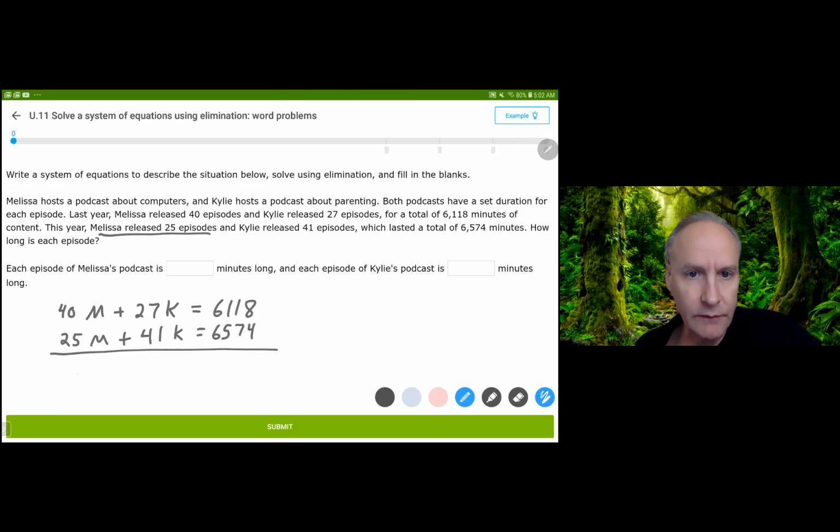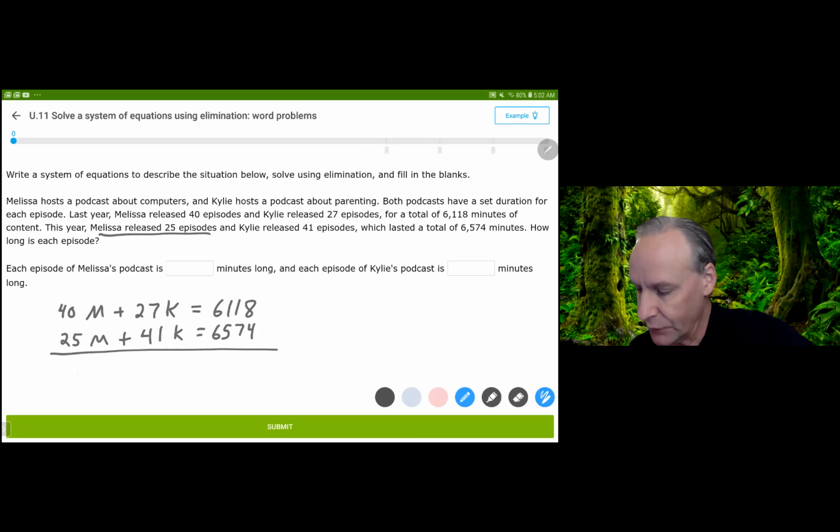So a number of different methods for this one. Wow. They're such ugly numbers that I might want to use matrices for this. But I wouldn't have to. The trick here would be to get the 40 and the 25 as common.